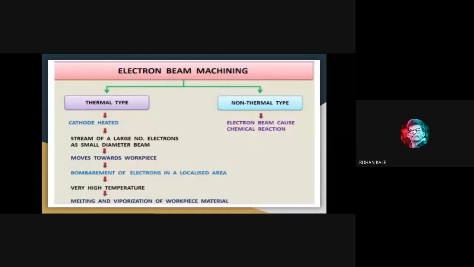In this thermal type, a cathode is used, and that cathode filament is heated to a very high temperature. So a stream of a large number of electrons comes out as a small diameter beam, that is the electron beam, from the filament.